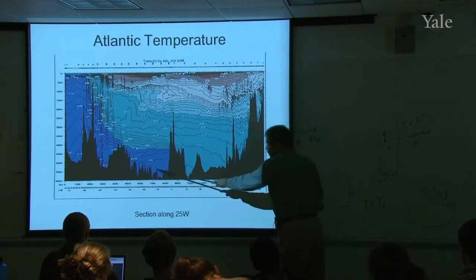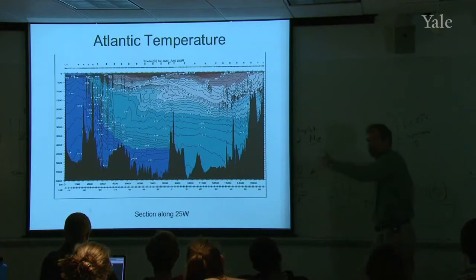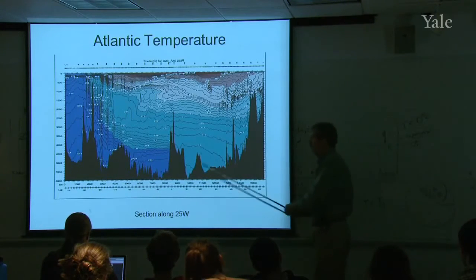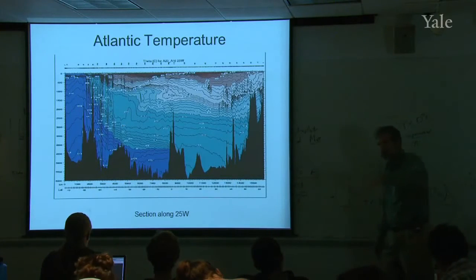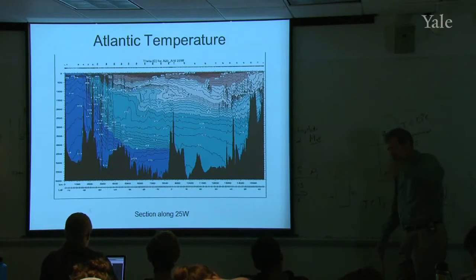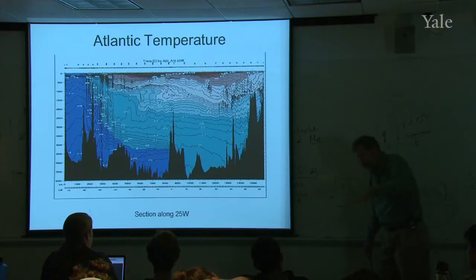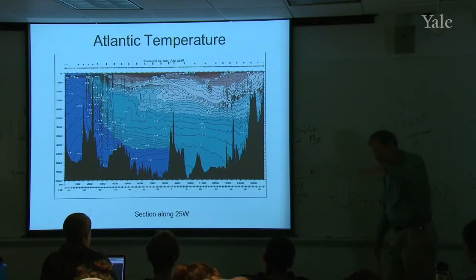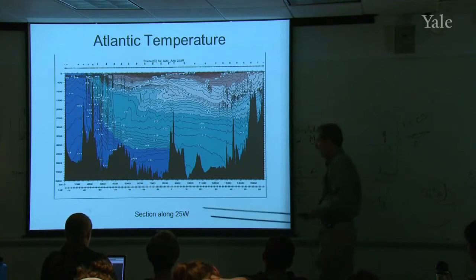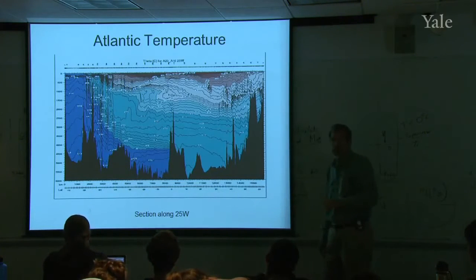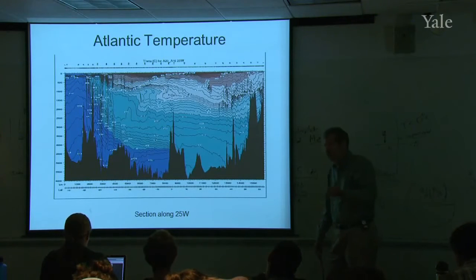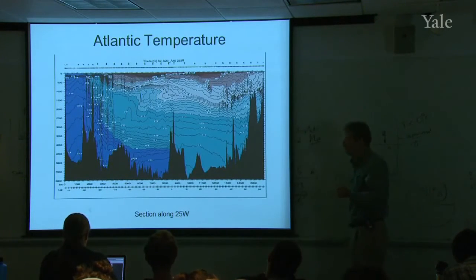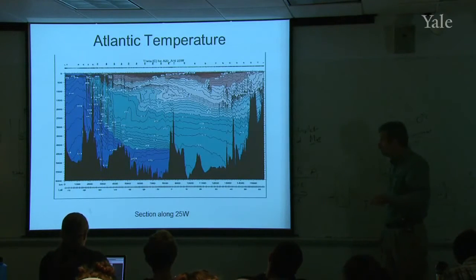Depending, in some other sections, it actually gets a little bit north of the equator. This is amazing. So a water mass formed under the ice shelves of Antarctica falls to the bottom of the ocean and then under its own weight slowly moves, sinking and spreading, actually in some cases getting north of the equator. That's Antarctic bottom water, AABW. One of the important water masses in the Atlantic Ocean is the AABW.